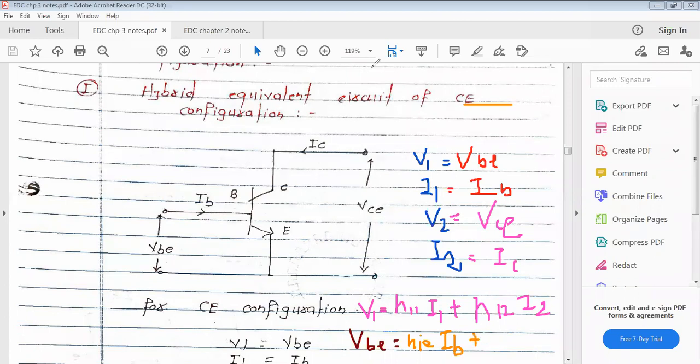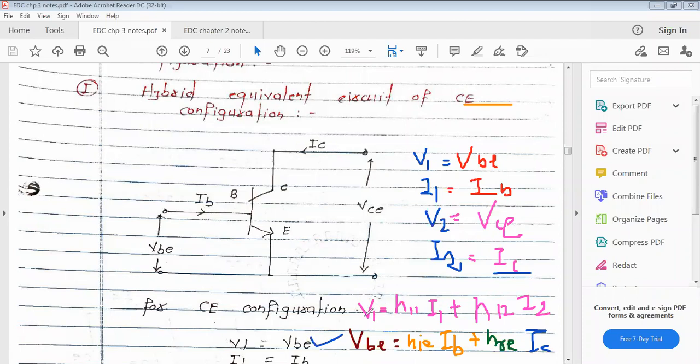Plus, now tell me what is H12? H12 is a voltage gain, but it is reverse, so we call it HR. As it is for common emitter, instead of HR, we call it HRE. And what is I2? It is nothing but IC. So this is the equation for input.